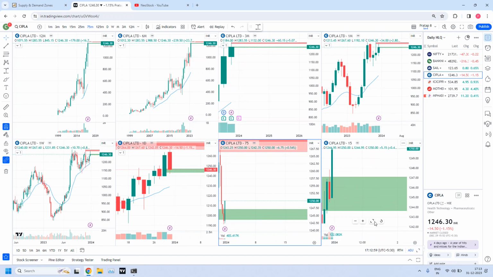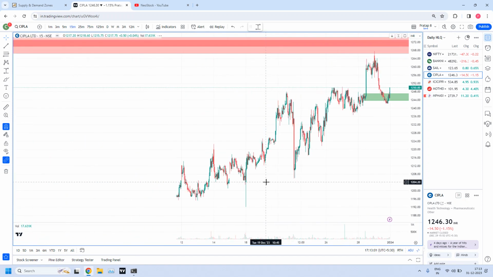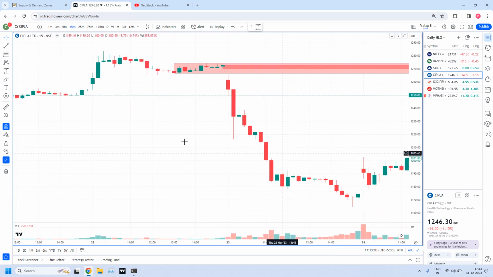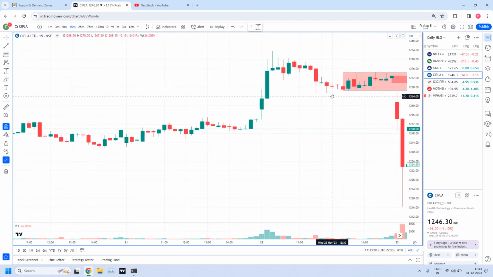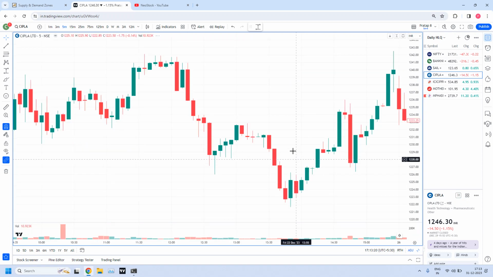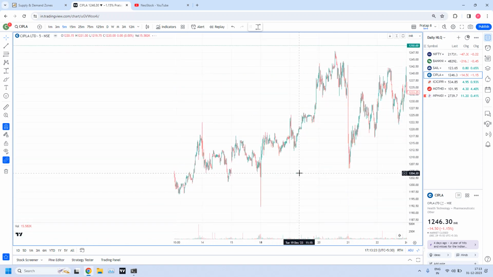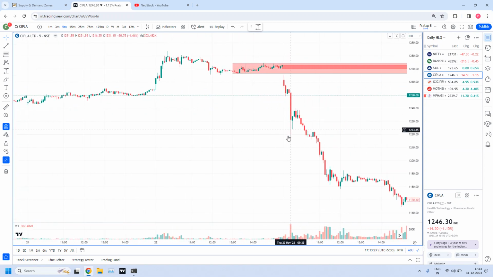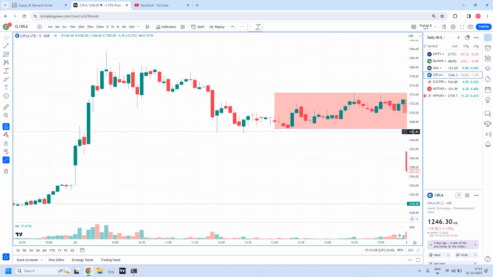Let me show you the 15 minutes. See here we have a rally candle, 4 base candles and again a drop candle. Again this one we fine-tuned to 5 minutes time frame. Let me show you the 5 minutes, how we fine-tune to the 5 minutes. This zone is fine-tuned on the 5 minutes time frame.